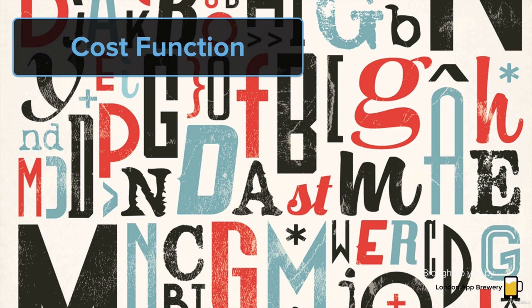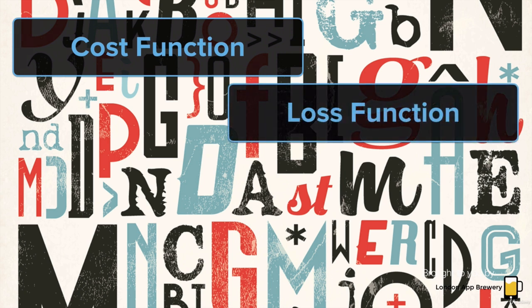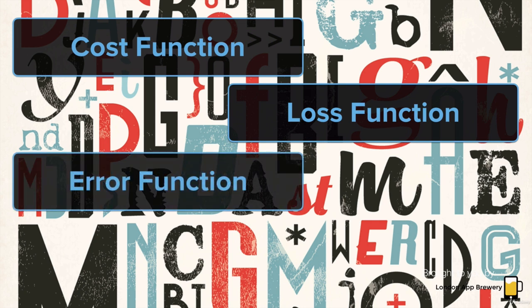And this can make things a little bit confusing, especially if you're reading an article online or a textbook of some sort. Sometimes you'll see these kind of functions being referred to as loss functions. And I've even come across people calling them error functions, but I think this is a bit less common, especially for this sort of application.